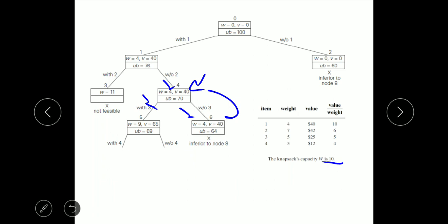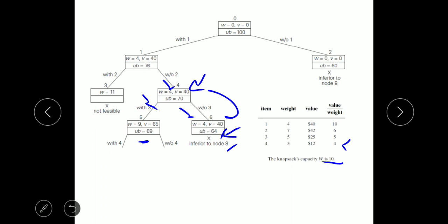So 6 into the payoff of the next element, which is 4. So it is 40 plus 6 into 4, that is equal to 64. So the upper bound now becomes equal to 64. So again, it's a maximization problem. So we go with the maximum profit, that is 69. And the other one, we consider it to be the inferior amount, so we will discard it.